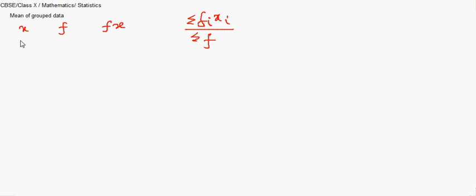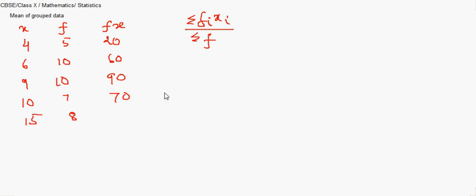Suppose x is 4, 6, 9, 10 and 15, and in contrast f is 5, 10, 10, 7 and 8. So for every x and f you get fx: 4 times 5 is 20, 6 times 10 is 60, 9 times 10 is 90, 10 times 7 is 70, and 15 times 8 is 120.